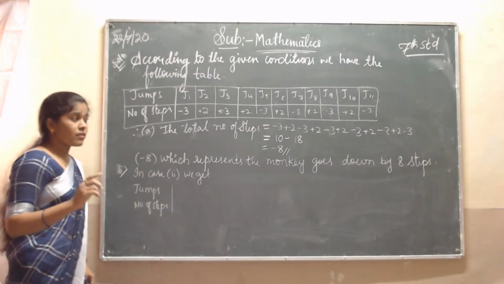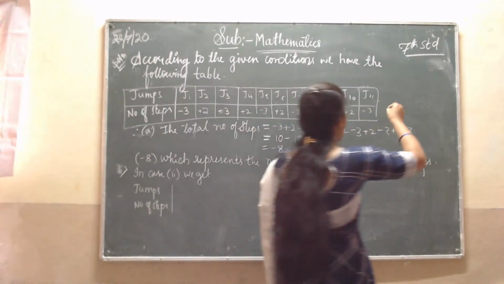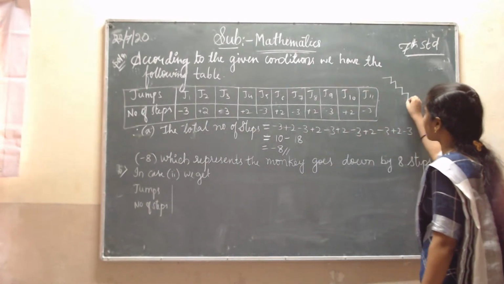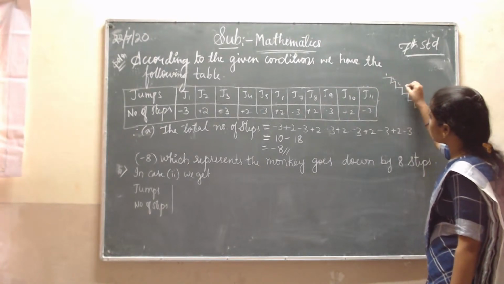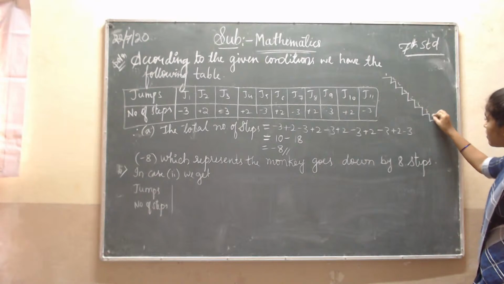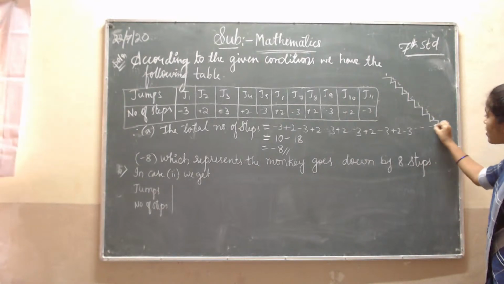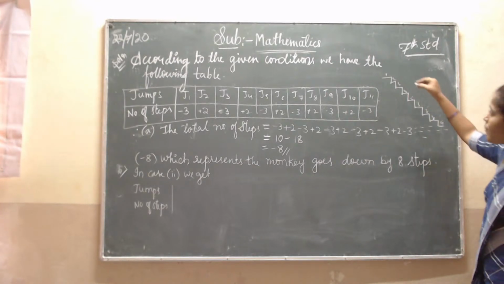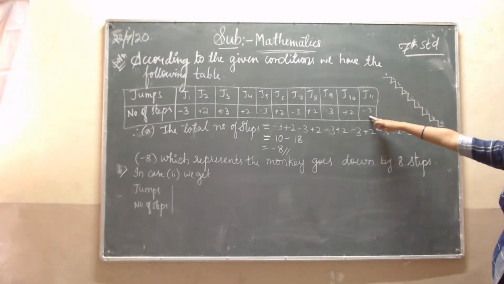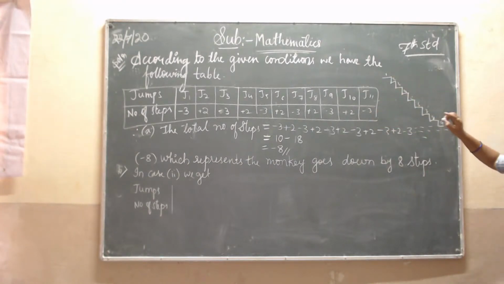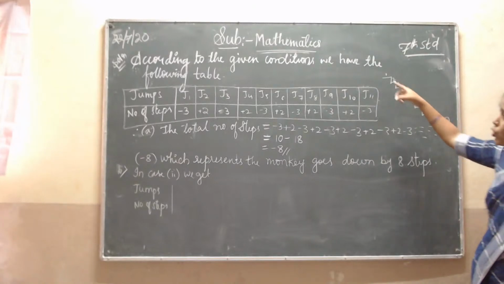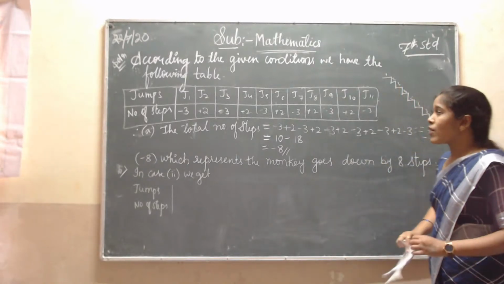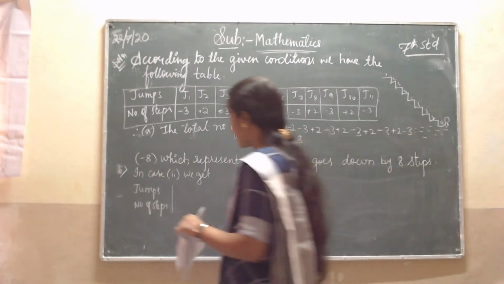Now the monkey is on the 9th step. Because he wants to drink water, the monkey jumps 11 steps and the monkey is on the 9th step. He drank water, then he wants to go to the first step. What did he do? See here.